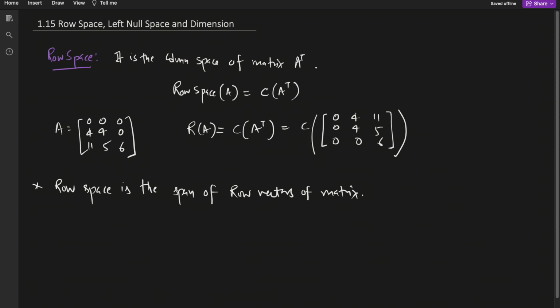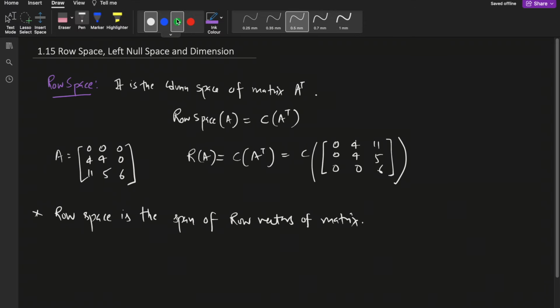Either you can say that row space is the column space of A transpose, or that row space is the span of row vectors of the matrix. These are row vectors.